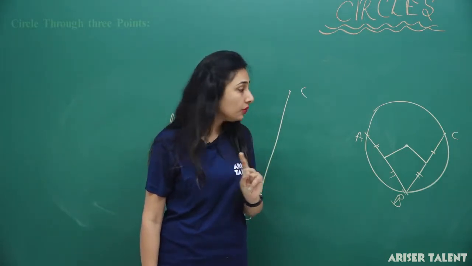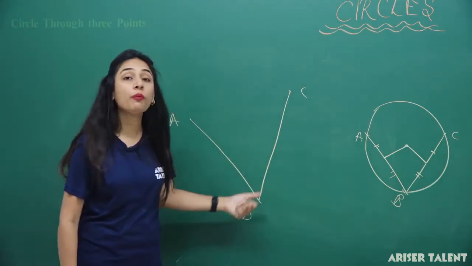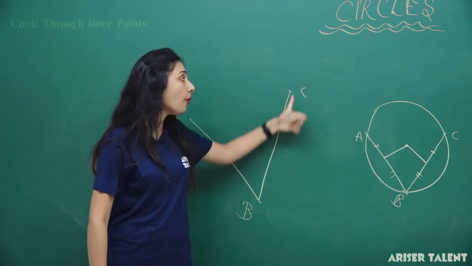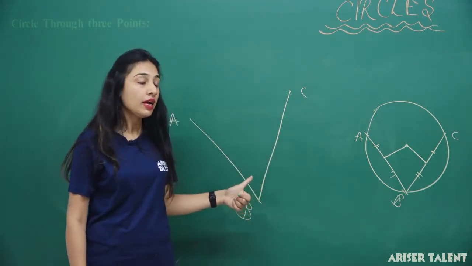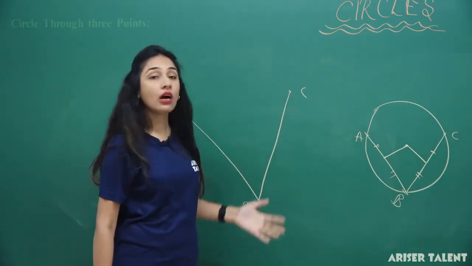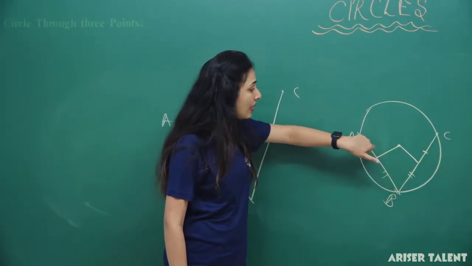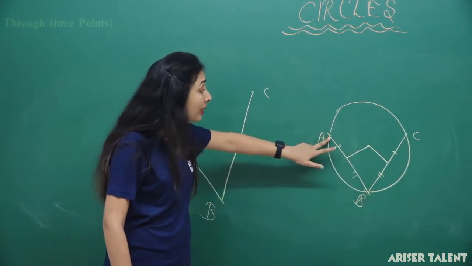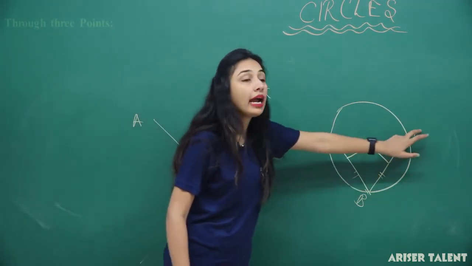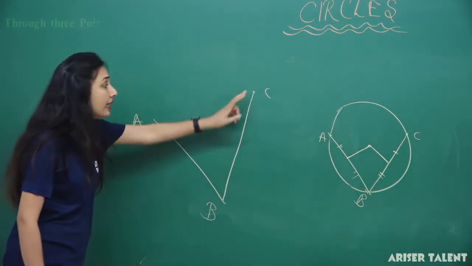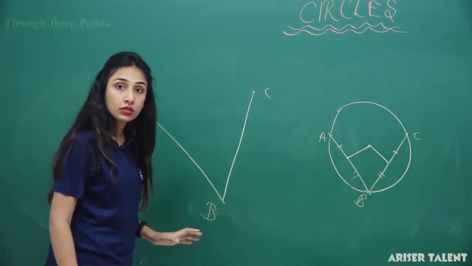Again, if these 3 points are on the same circle, then AB and BC are chords. How? Because when I join A to B and C to B, AB and CB will be chords.